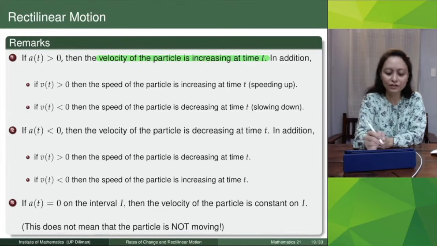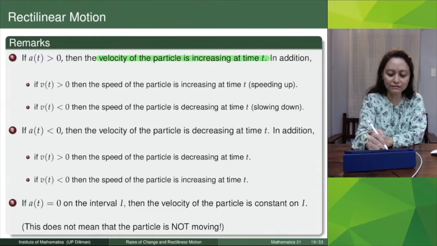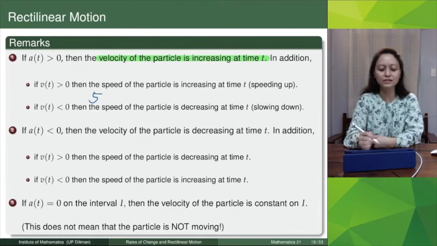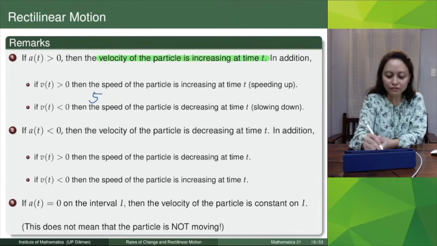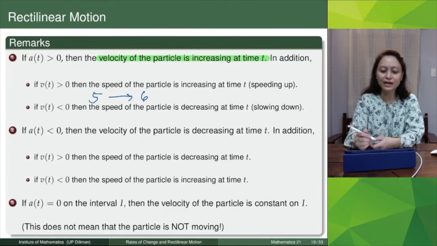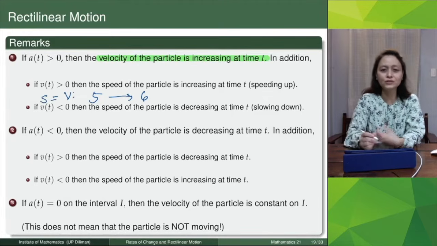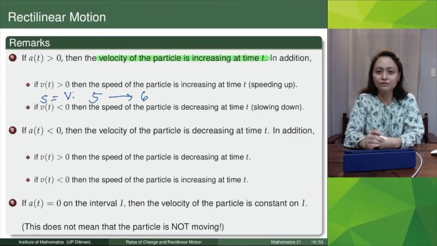For example, the velocity is 5 meters per second and it's increasing, so from 5 naging 6. The absolute value, which is the speed, is the same, so it's still speeding up from 5 to 6.